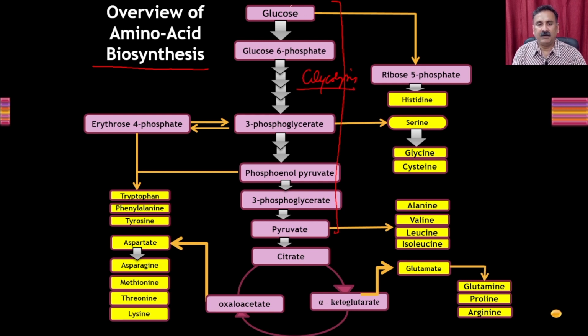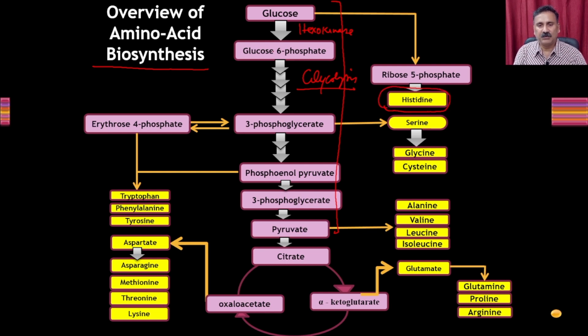In the first step itself, the glucose is getting converted into glucose 6-phosphate, where if you recall, we use hexokinase. And the glucose also can get converted into ribulose 5-phosphate, and the ribulose 5-phosphate can then provide for the biosynthesis of histidine.